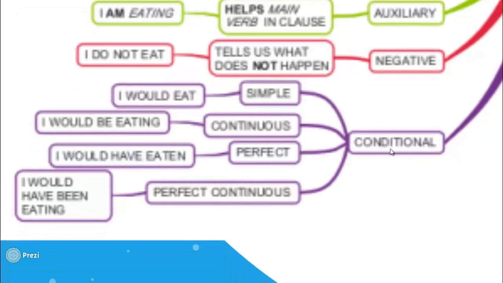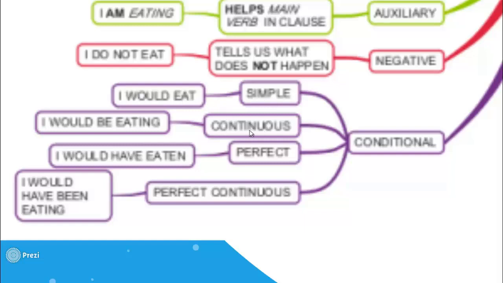Finally, we can talk about conditional verbs, or conditional tenses. Then we are going to describe like 4 types of conditionals, but the most commonly used are conditionals type 0, type 1, type 2, and type 3. So, for conditionals, we can talk about the simple conditional, like I would eat.